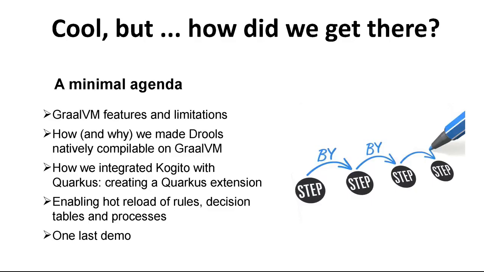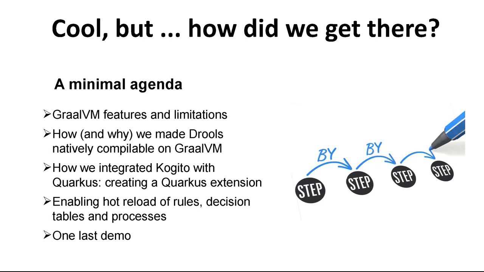The minimal agenda of this, as I said, is that this is also compilable with a native image. To do this, we first had to understand what GraalVM is, which features and limitations it has, and how this impacted a lot on rules.